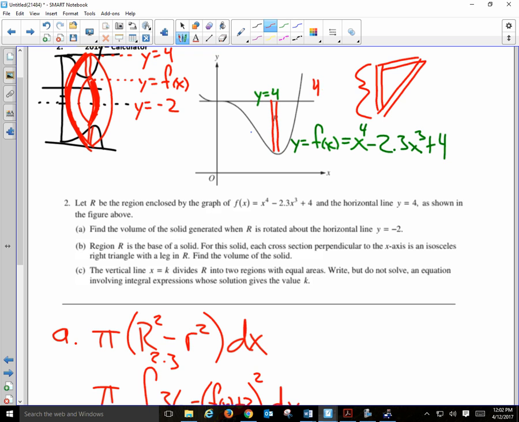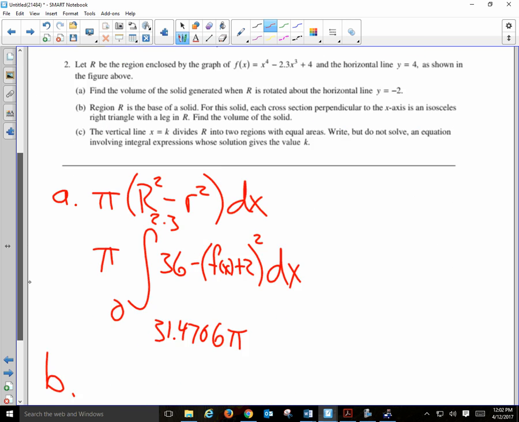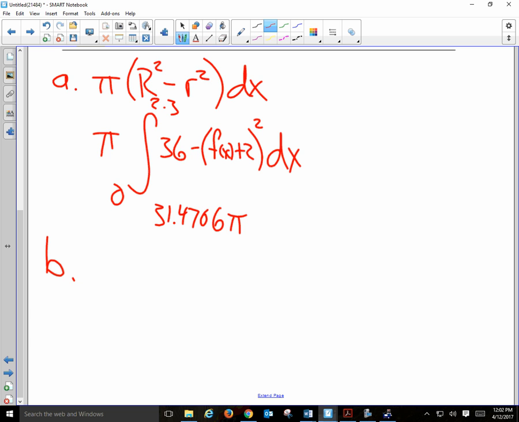4 minus f of x. What's going to be this dimension right here? Why is it 4 minus f of x as well? It's an isosceles right triangle, so the legs have to be the same. So how do I find the area of that triangle? An area of a triangle is base times height.